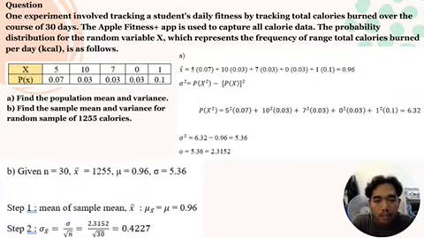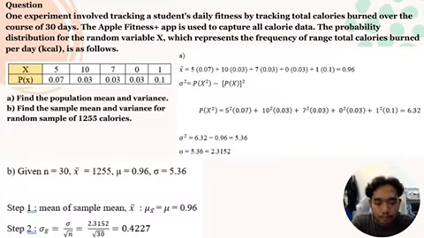We put the value of the mean and the probability into the formula of variance, and variance is equal to 6.32 minus 0.96, and we get the total of 5.36.